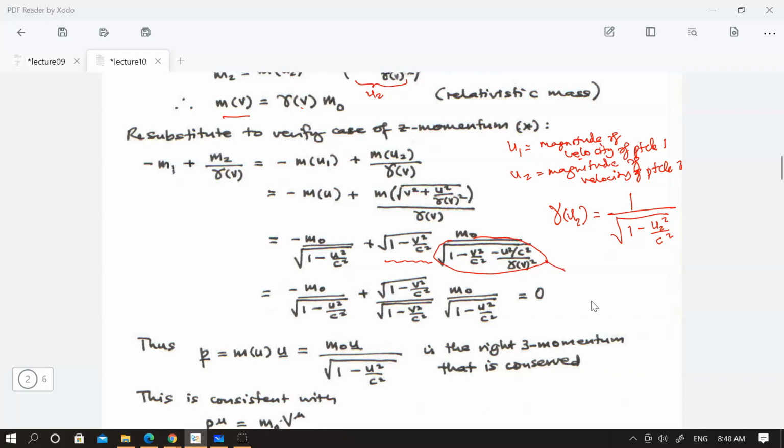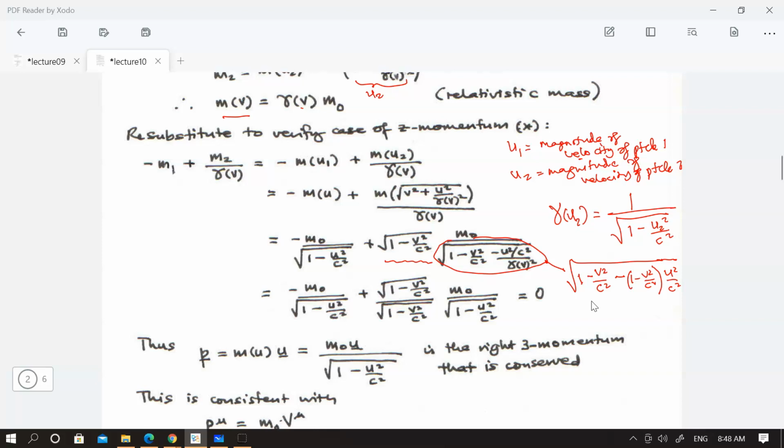You can actually write this square root underneath as 1 minus v squared on c squared, and then 1 over gamma v squared. Okay, that will give you minus 1 minus v squared on c squared. Remember, this is at the denominator, and then you have u squared on c squared. Okay, so that is the whole thing.